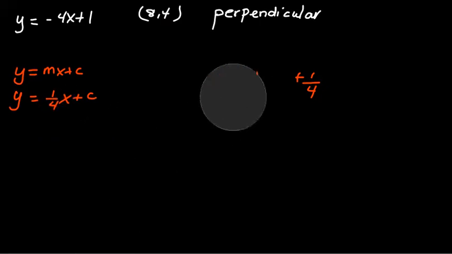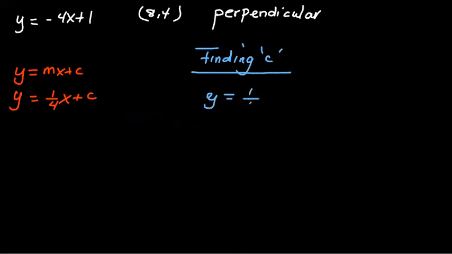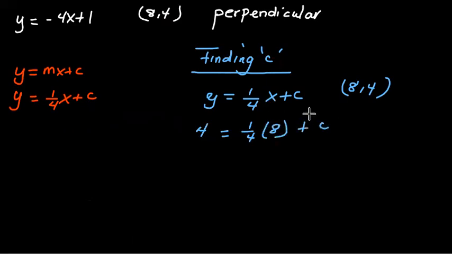But I still don't know what c is. There was a point in time before I started this course that this would have been a headache, a problem that would have gotten me all bent out of shape. Not now. Now I'm just going to find what I have: 1/4 x + c, and the point it's passing through, (8, 4). When y is 4, x is 8. So wherever I see x, I'll put 8: 4 = 1/4 times 8 + c.